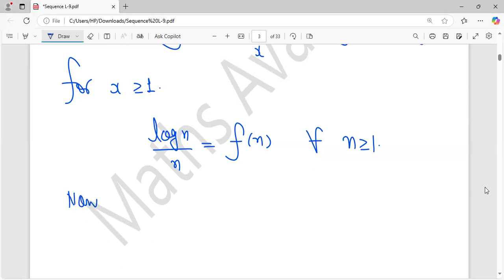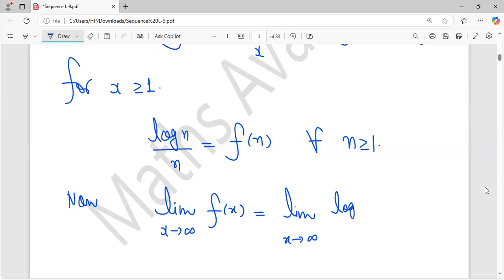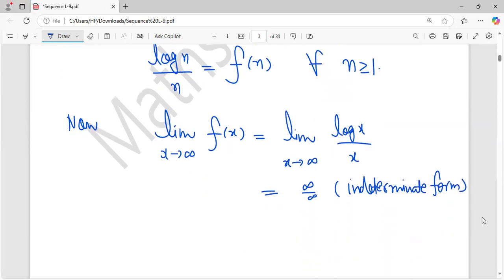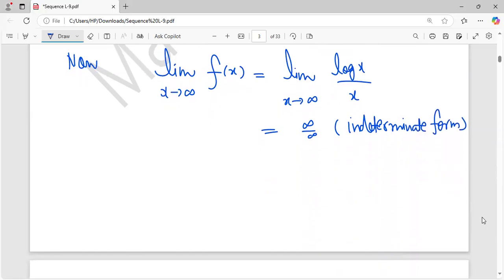Now what is the limit of this function f(x)? Log x upon x is an infinity upon infinity form, an indeterminate form. So by using L'Hopital's rule, what will be this limit as x tends to infinity?